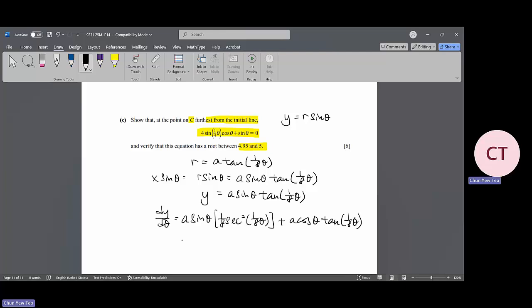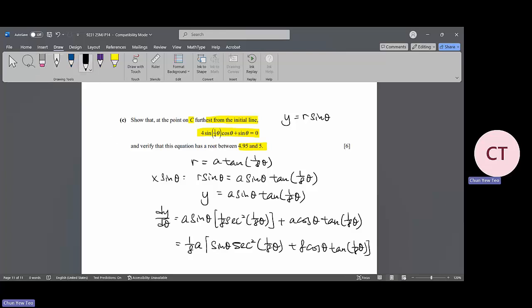So we can factorize it out with a 1 over 8 a: sine theta secant square 1 over 8 theta plus the 8 cos theta tangent 1 over 8 theta. Okay, so we can factorize the 1 over 8 out.